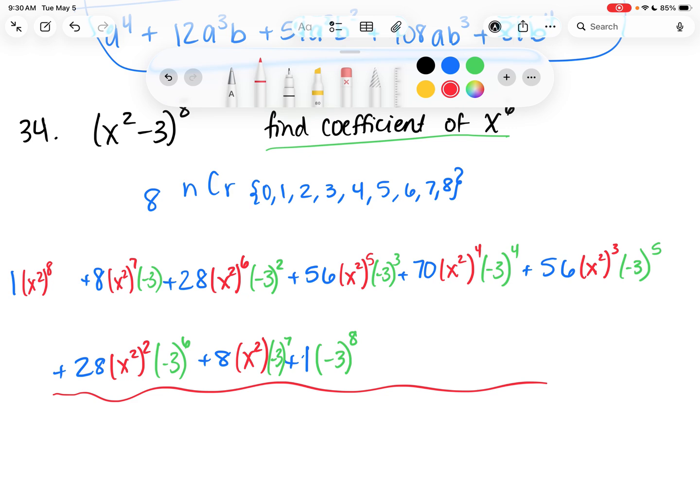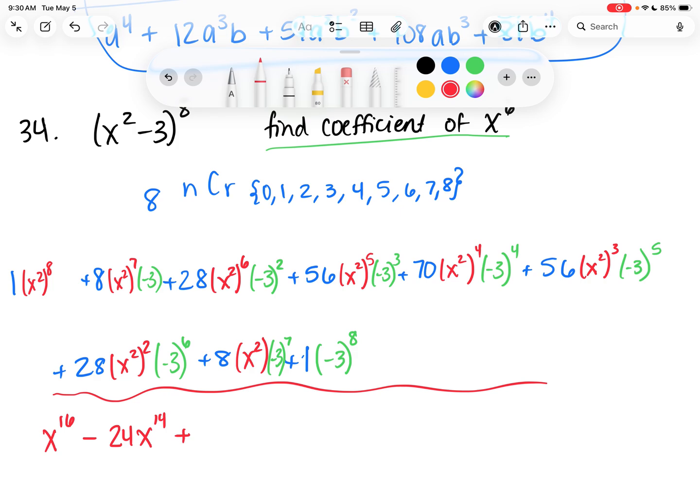All right, so this first term is x squared to the 8th, so that's x to the 16th. Now notice, anywhere that this -3 is raised to an odd power, the sign of that whole term is going to become negative, so this is going to be minus 24x to the 14th plus 28 times 9.